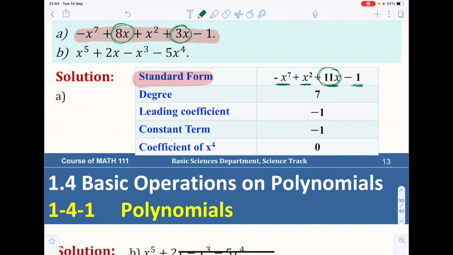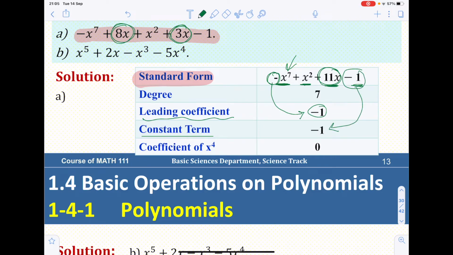So the degree here obviously would be power 7, and the leading coefficient, okay, which is the number beside the highest degree, which is -1. Okay, the constant term, which is -1.